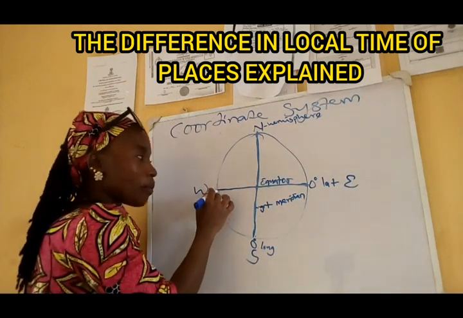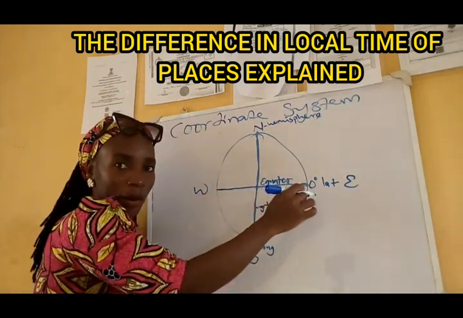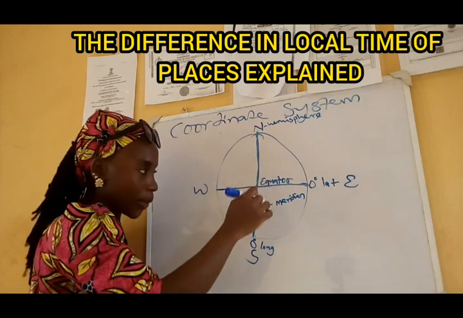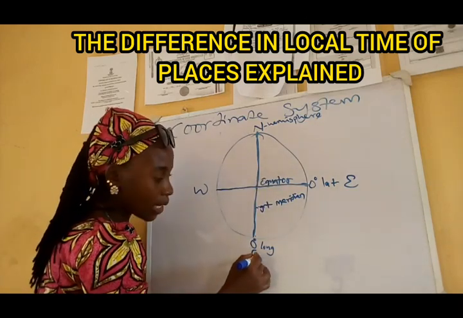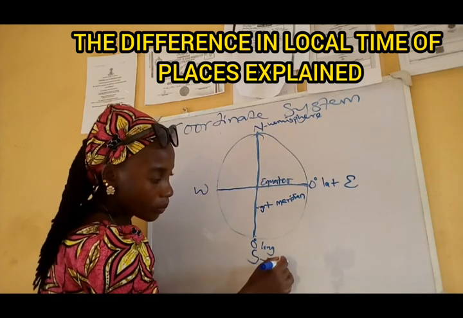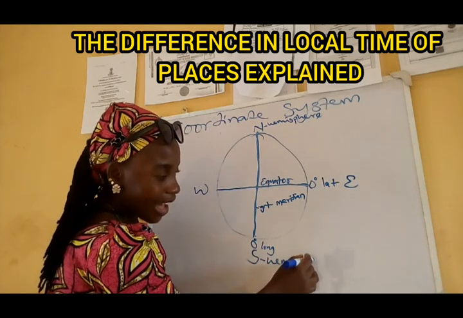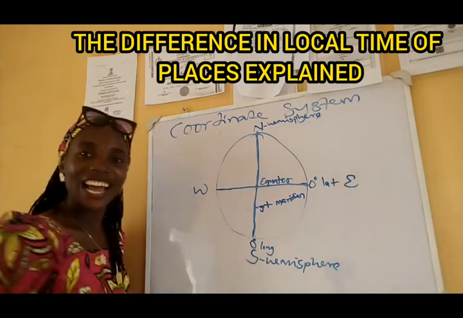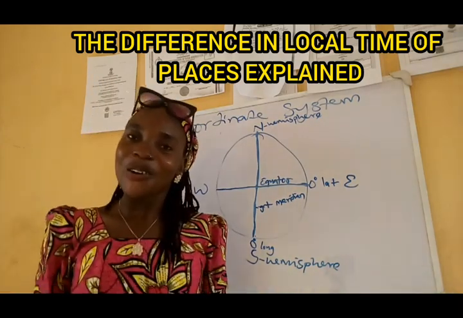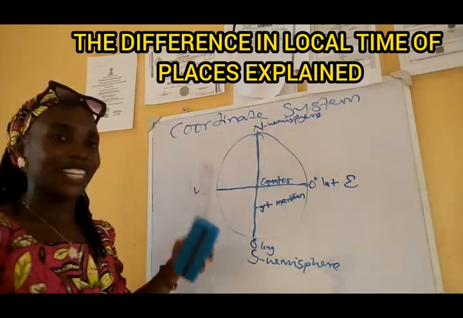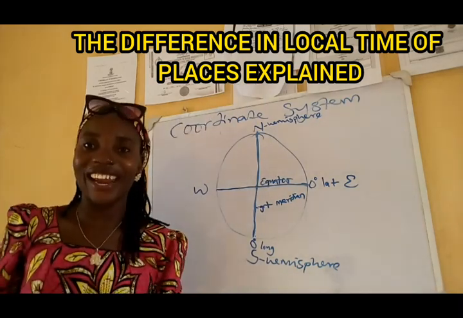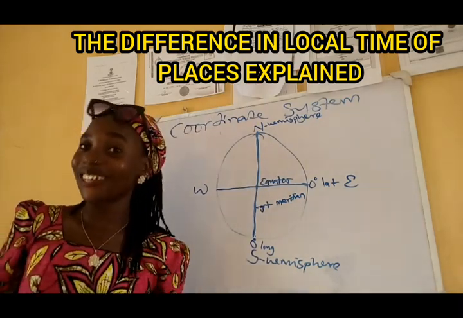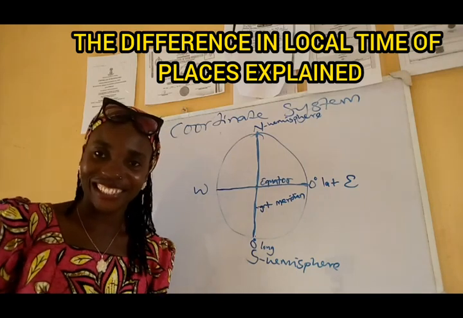Then from here at the equator at 0 degrees, as it cuts down, you have the southern hemisphere. That was why somebody like Miriam Makeba was singing a song talking about the northern hemisphere and the southern hemisphere. It's a geographical science, guys.